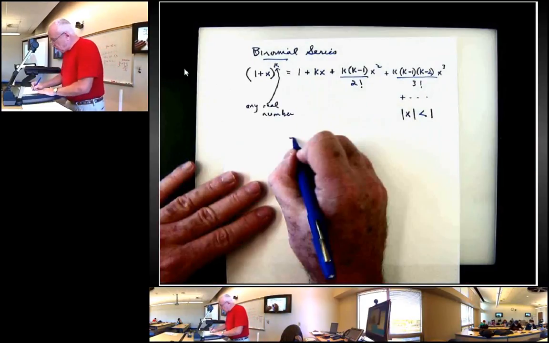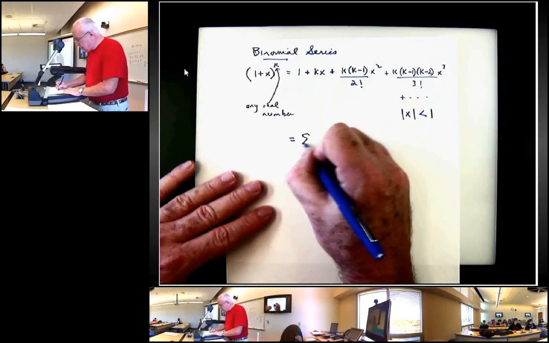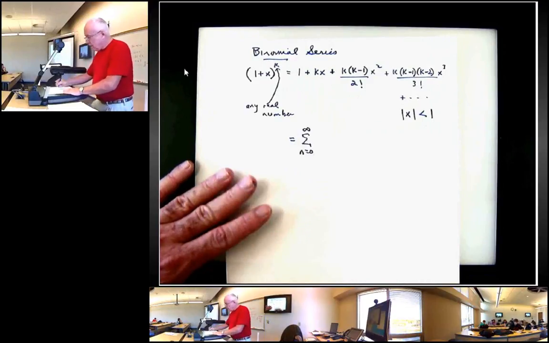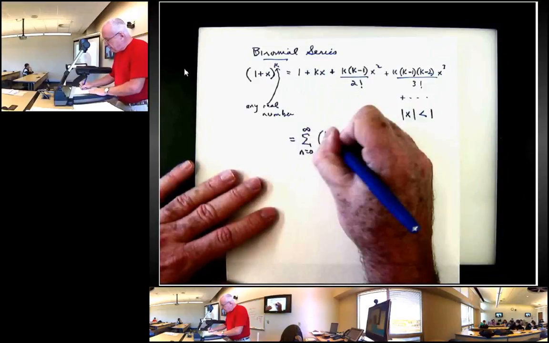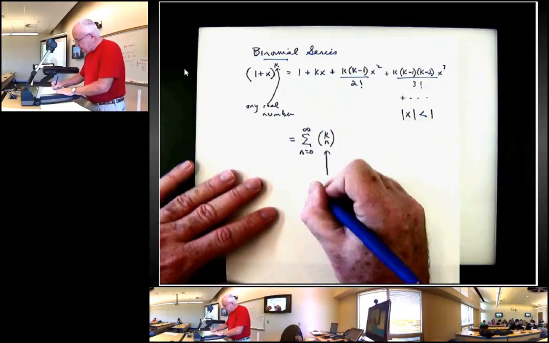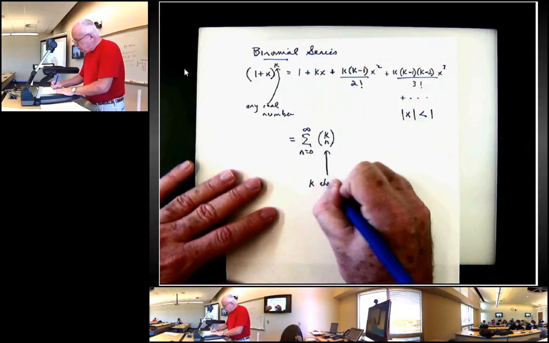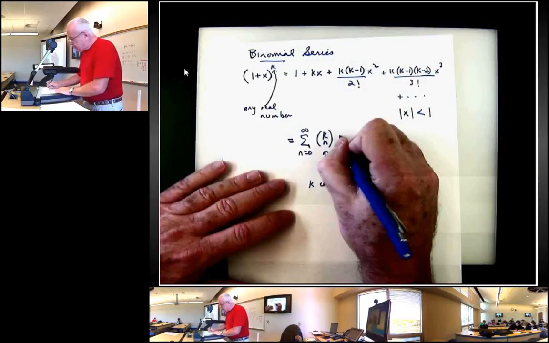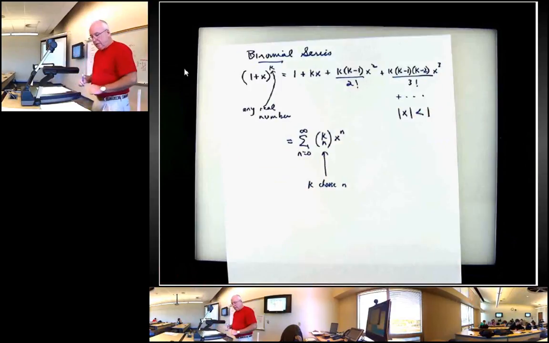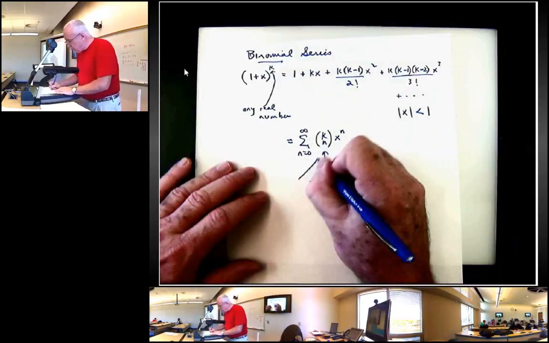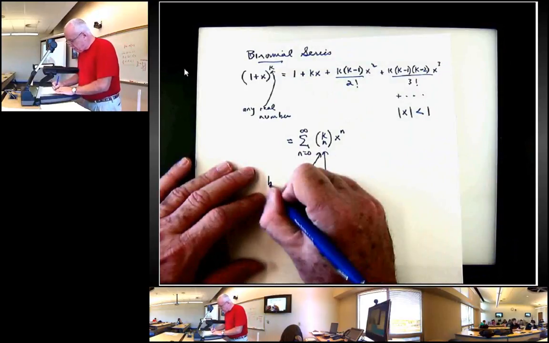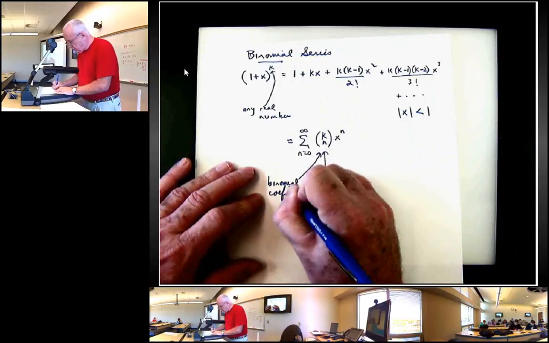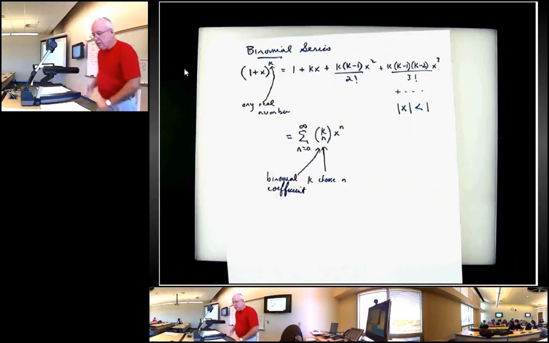The general way to write this is the sum from n equals 0 to infinity of k choose n, that's how you say this, k choose n, times x to the n power. This is also called the binomial coefficient.